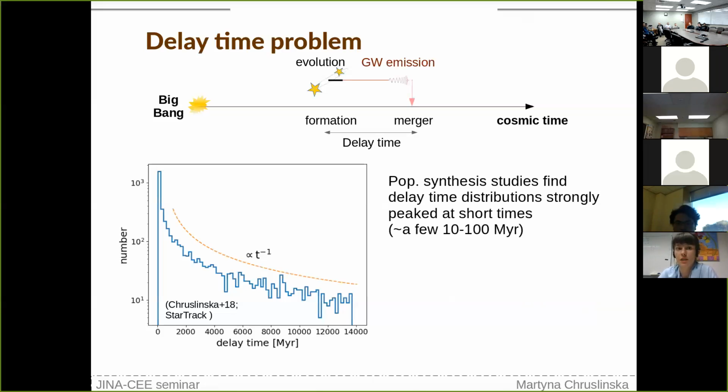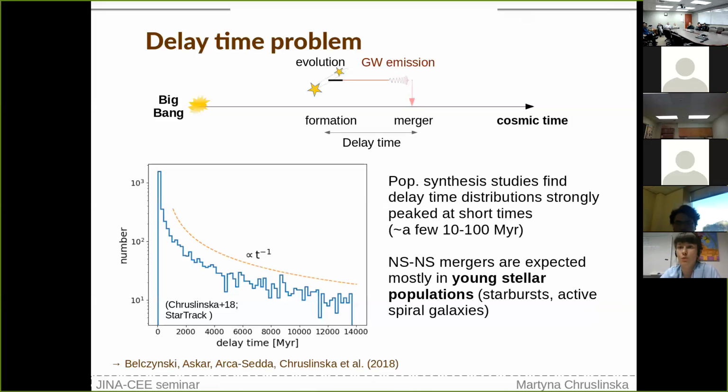Maybe not as short as people working on ultra-faint dwarf galaxies would need to understand r-process enrichment, but still something like a couple of tens to hundreds of megayears, which means that we would expect to see double neutron star mergers mostly in young stellar populations, actively star-forming galaxies.